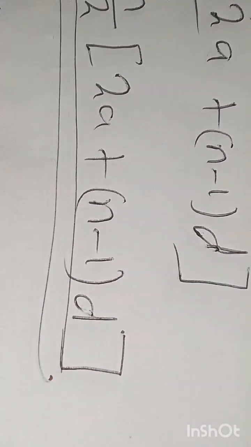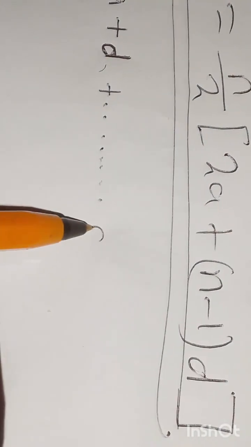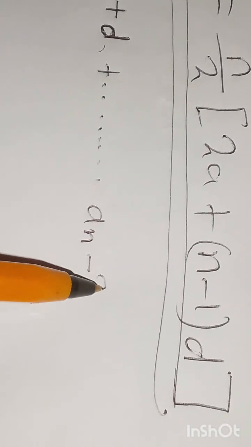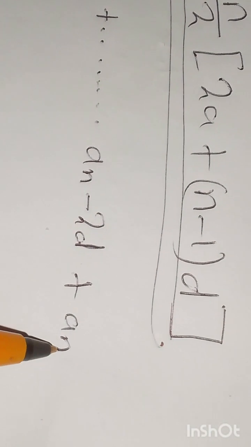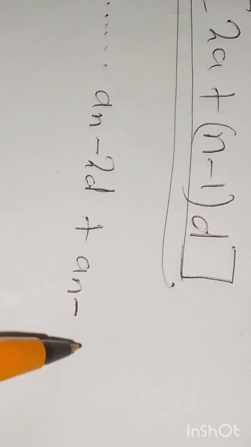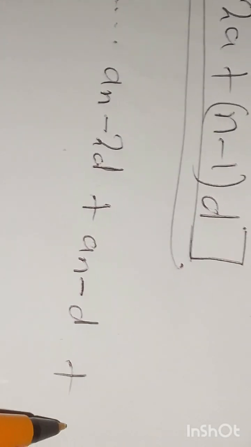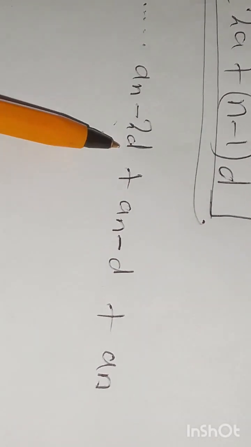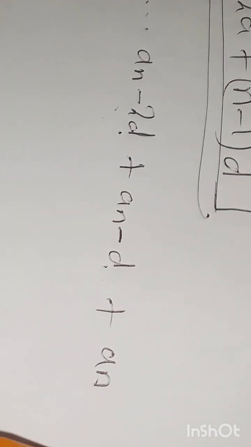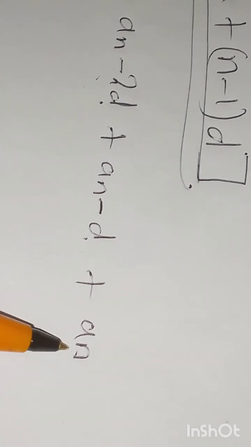The last part is a n minus 2d plus a n minus d, then plus a n. Because we are reducing, you're going to have minus 2d, minus d, and then for this one you're going to have no d, so you're going to have a n.